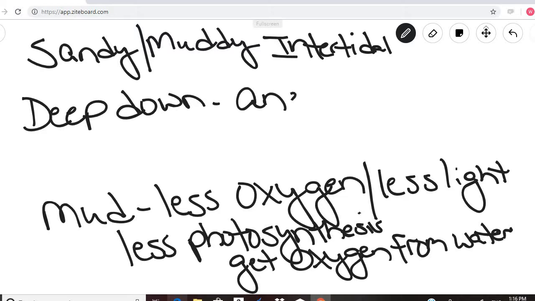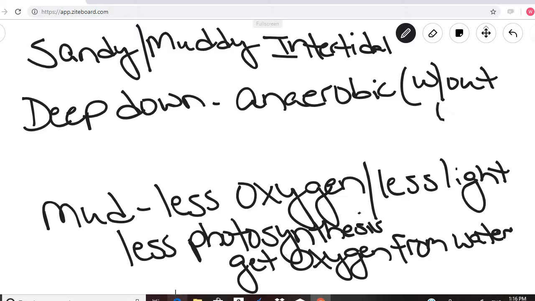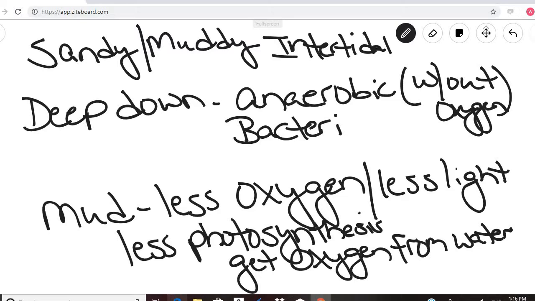Anaerobic means without oxygen, and remember we talked about the fact that there are anaerobic bacteria. So a lot of the organisms that live deep down would be those types of organisms that can survive without oxygen.